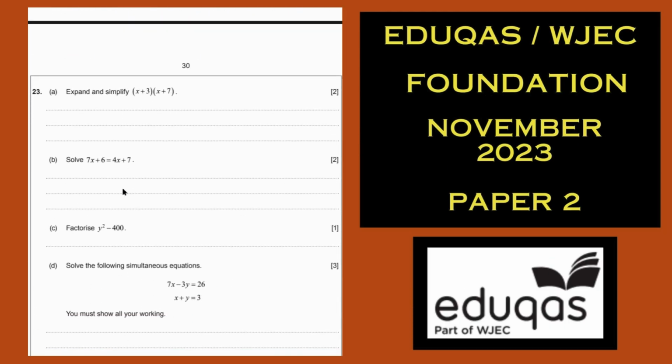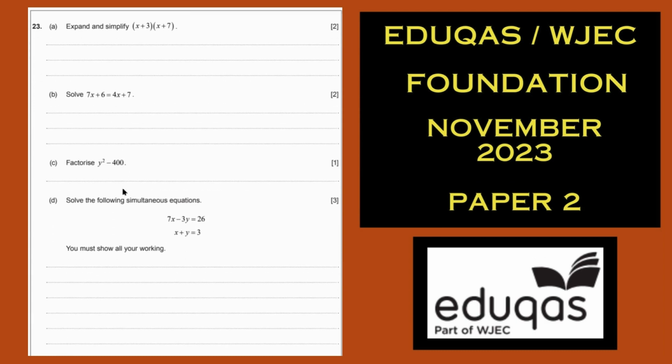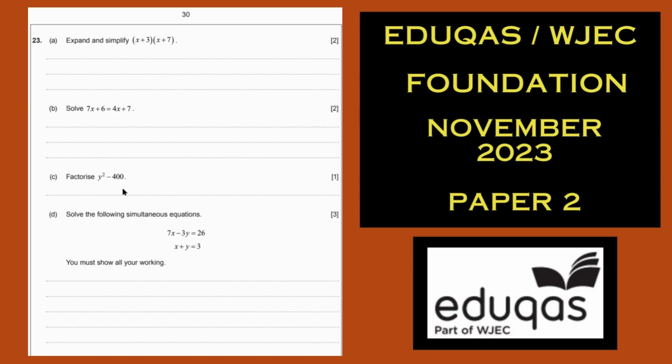But there we go. On to question 23, some algebra. When you're expanding, you could do a grid. You might do loops. You do whatever works. I'll do loops. X squared, x times 7, 3 times x, 3 times 7.